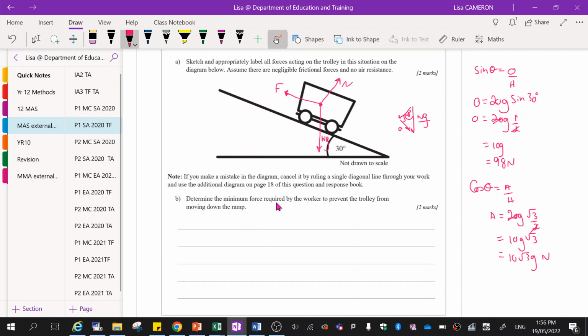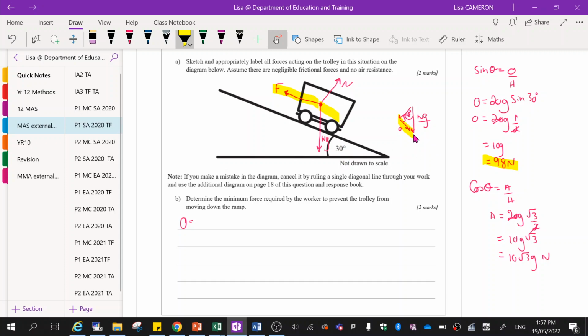Okay, so we want to determine the minimum force required by the worker to prevent the trolley from rolling down the ramp. If we want them to not let it roll, that means we want the acceleration to be equal to 0. Then we have to group together all the forces acting in that direction. So this one here and this one here, which is the weight force that's acting that way.